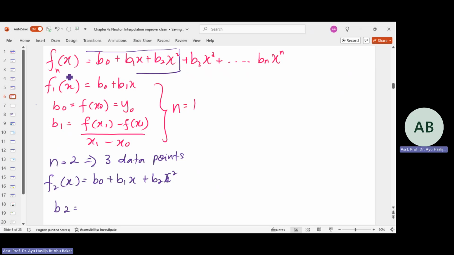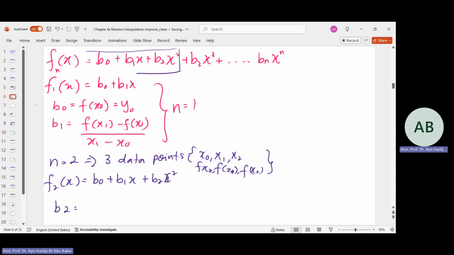So it involves x0, x1, x2 and f(x0), f(x1), and f(x2). These are the data points involved. So how do you find b2?